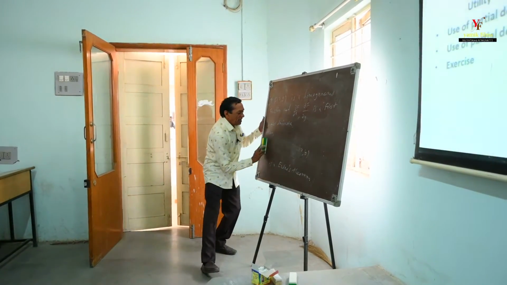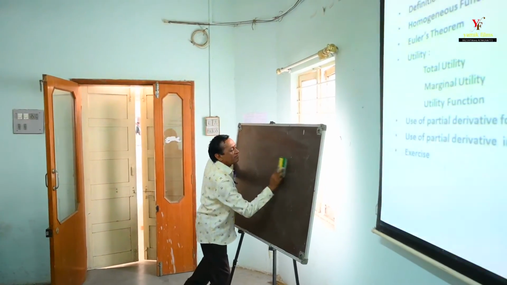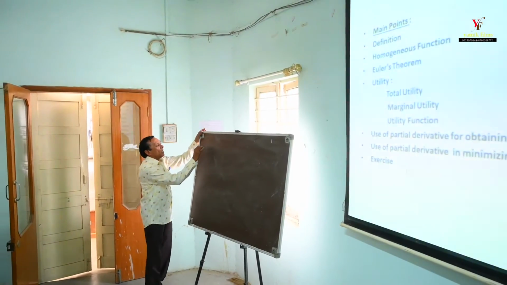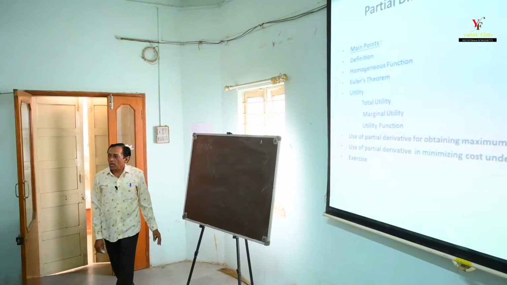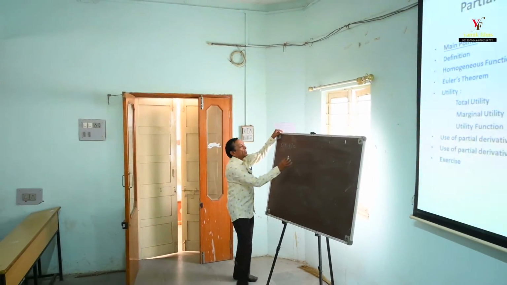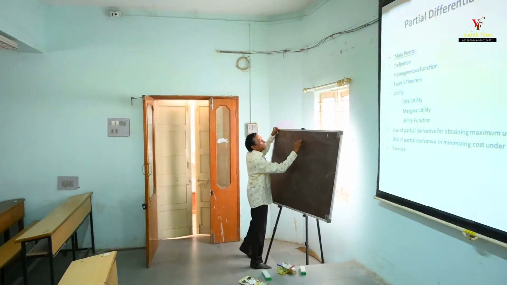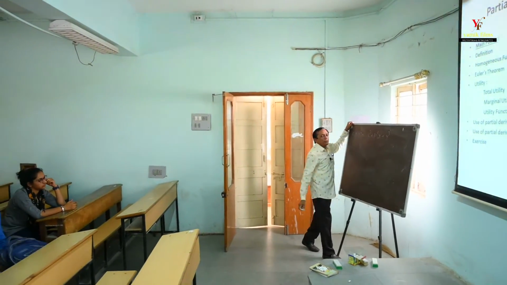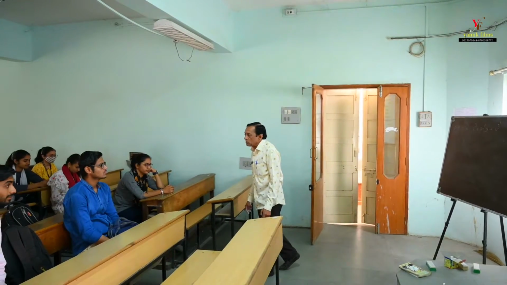Suppose we take a small example for the Euler theorem. Suppose f(x,y) is given as x cube plus 3x square y plus y cube.